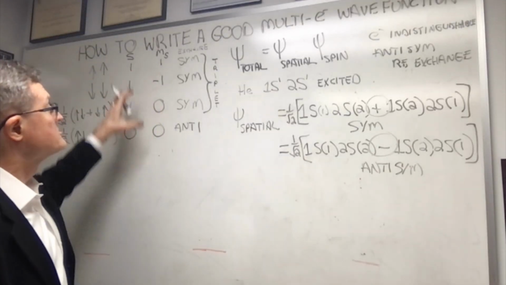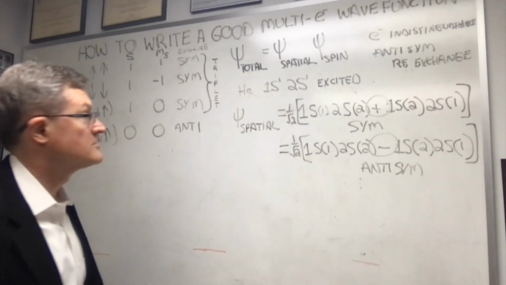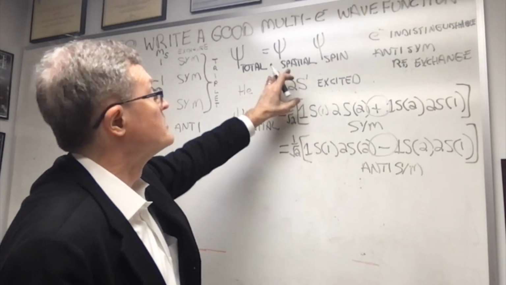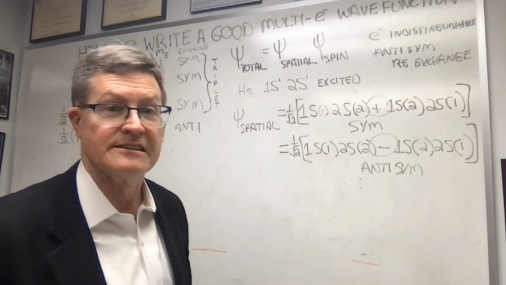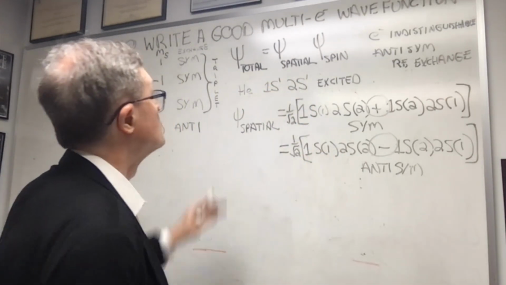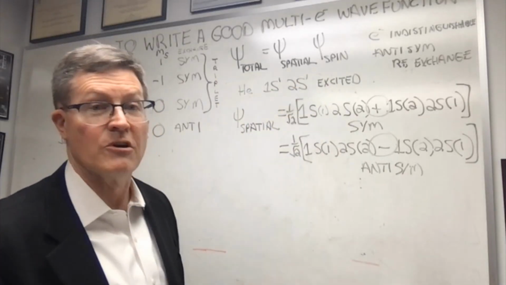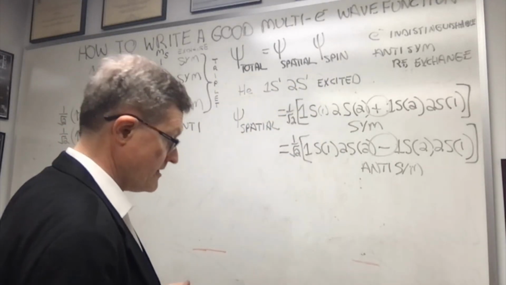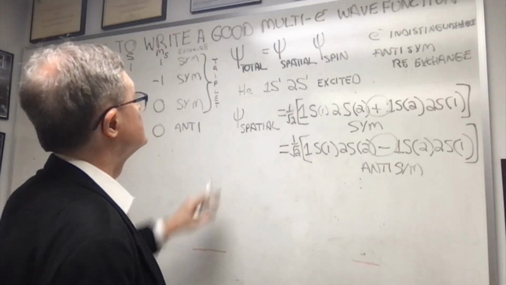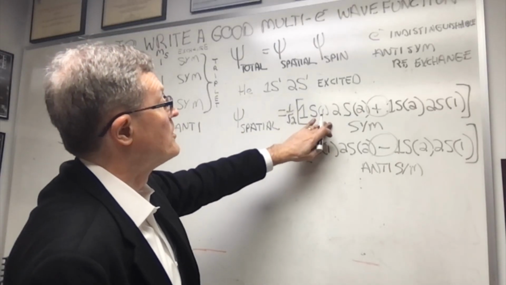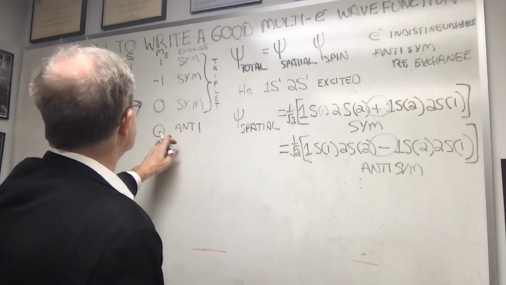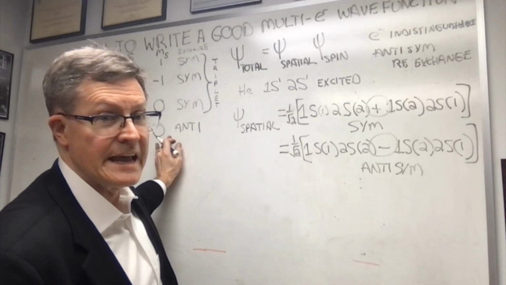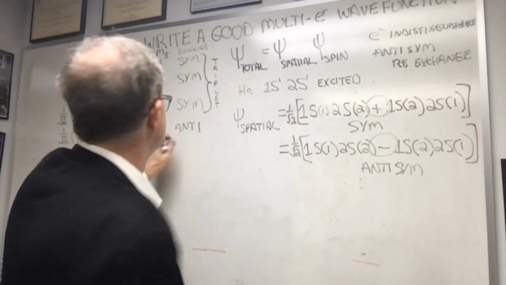We had symmetric and antisymmetric spin functions. We've got now, for the excited state, symmetric and antisymmetric spatial parts. We still have to put them together so that they're overall antisymmetric. Therefore, this symmetric part can only be put together with the antisymmetric spin part.